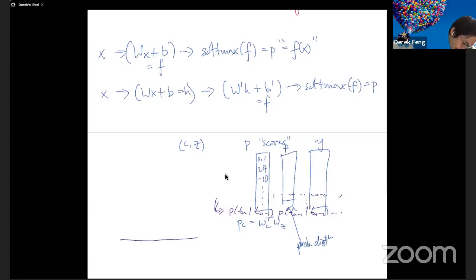So what I have is a y, and this is going to be like 1 0 0 0 0. This is the actual word seen, so that corresponds to the z.